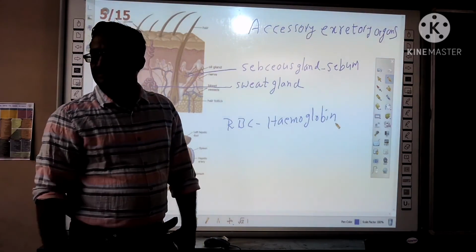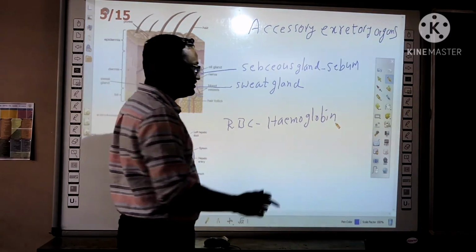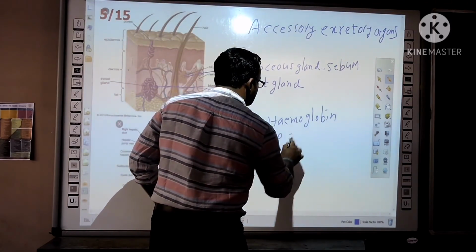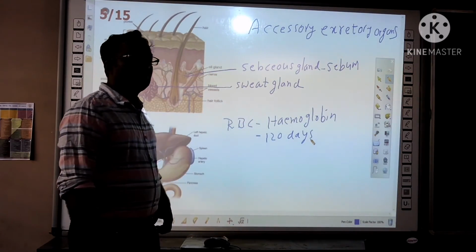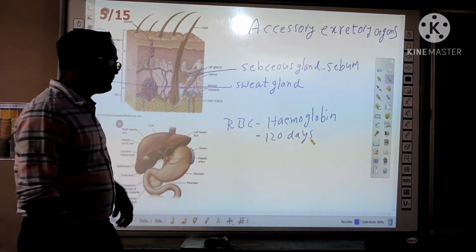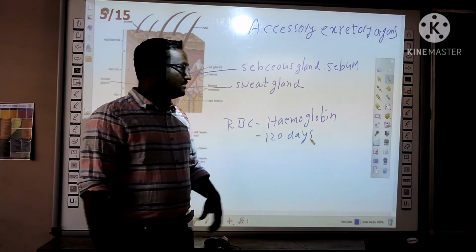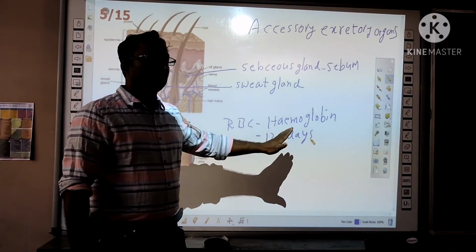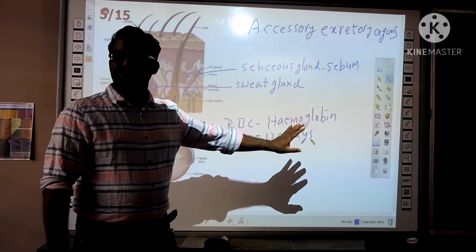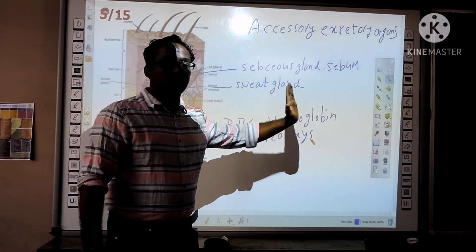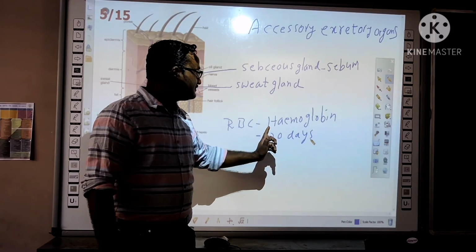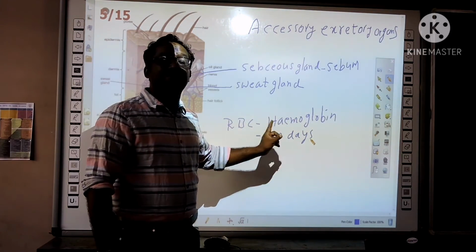How many days do they survive? Yeah, 120 days. So what happens after 120 days? They are carried to the liver. In the liver, the dead RBCs are removed. In that process, hemoglobin is broken down.